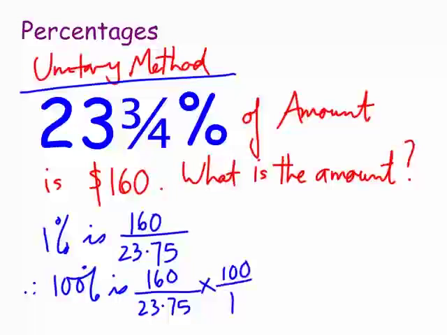Now, you can do this a few ways, but you're going to need a calculator, and for most unitary method questions you will need a calculator, especially if they're a bit more complicated. You can do 160 divided by 23.75 multiplied by 100, or let's do it slightly differently. On the calculator, 160 multiplied by 100 is 16,000, and then divided by 23.75.